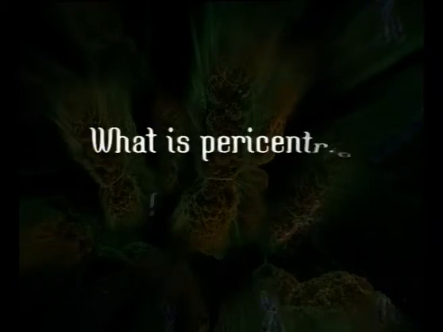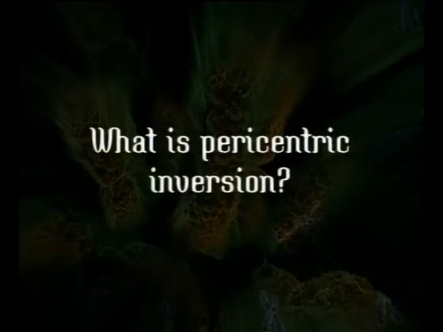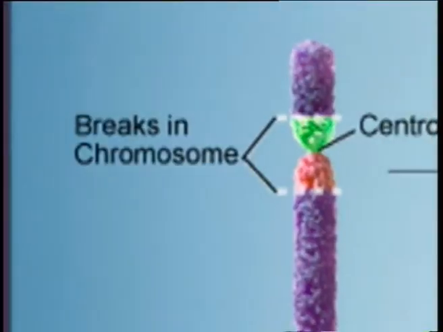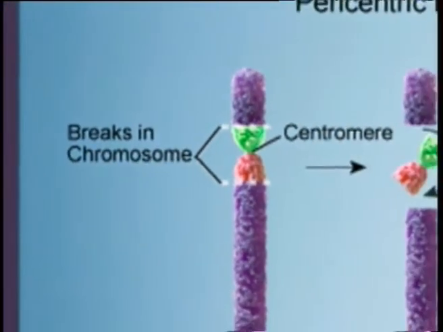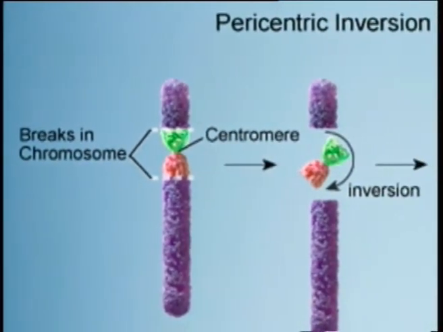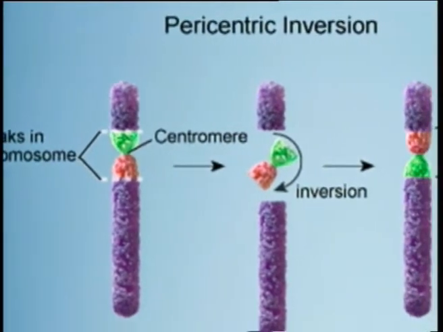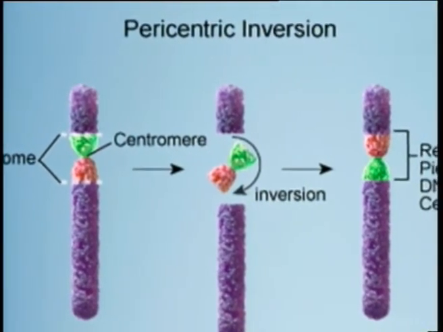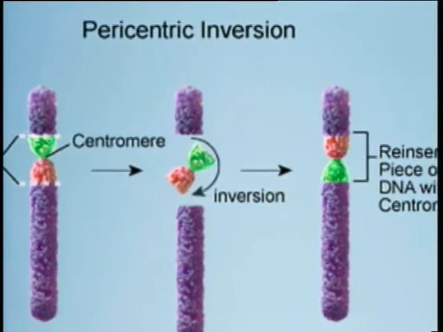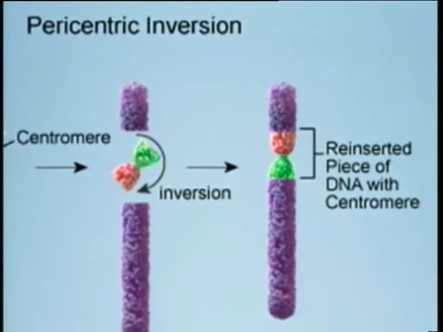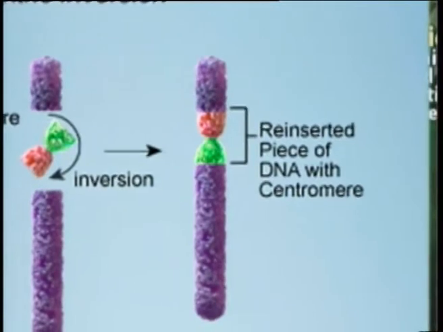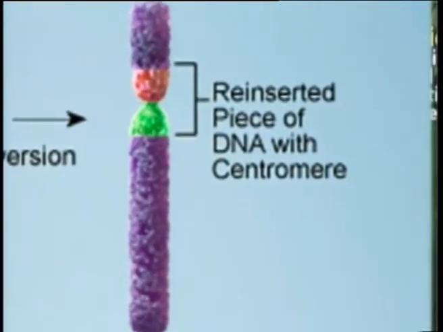Then what is pericentric inversion? Pericentric inversion means when breakage takes place in both arms of the chromosome, in the long arm as well as the short arm, or, for example, in a metacentric chromosome, where the breakage takes place in both arms.